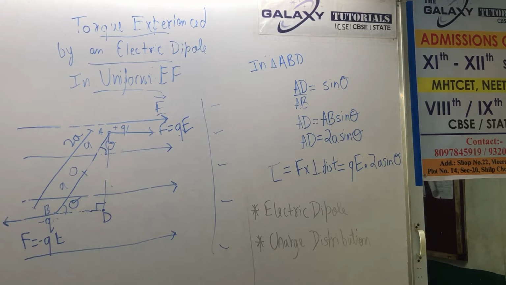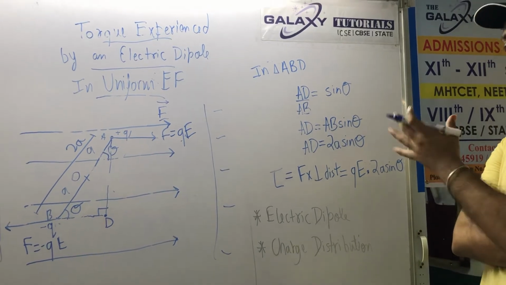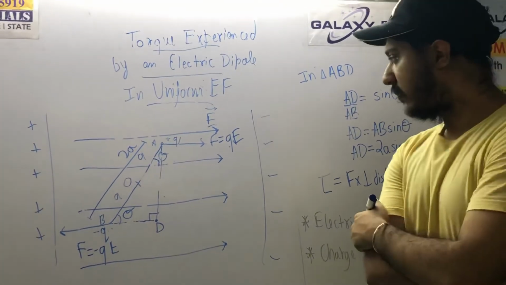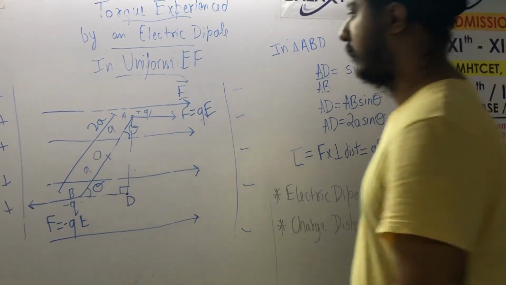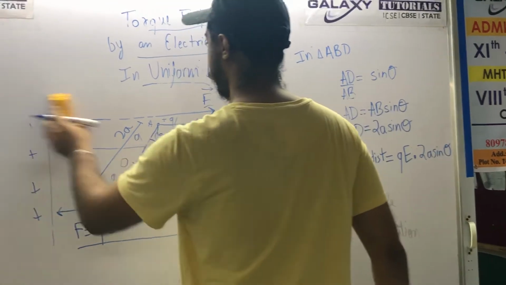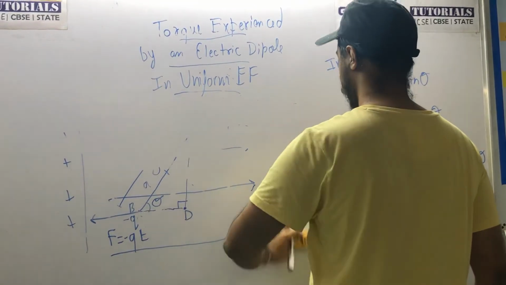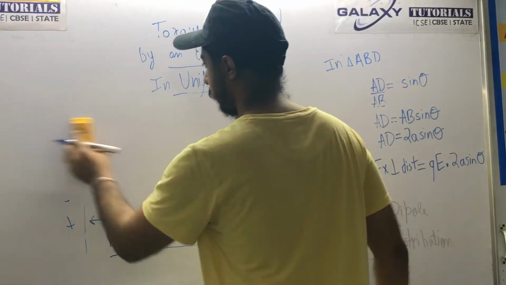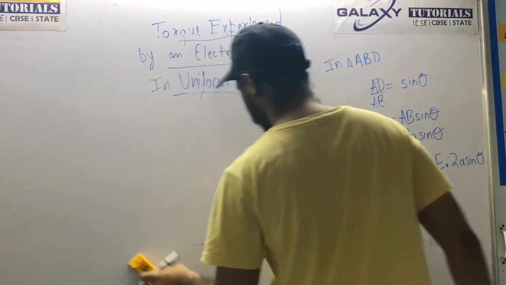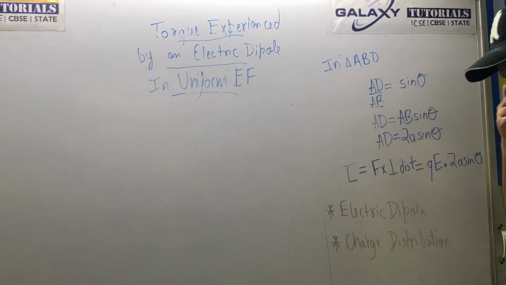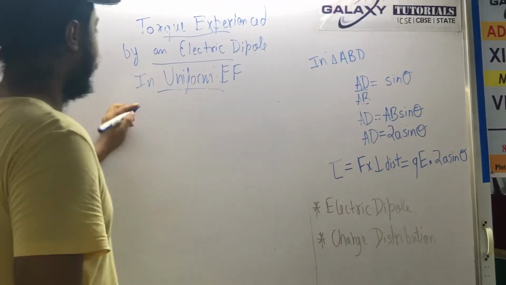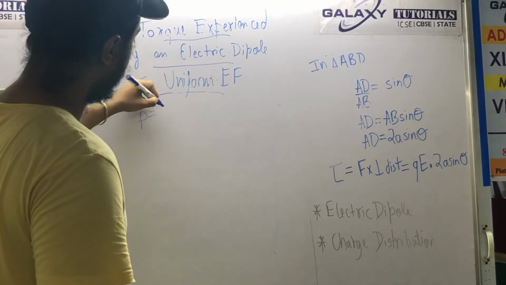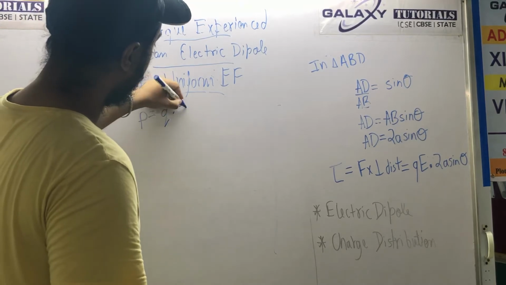Now we will try and simplify this formula a little bit more. You all know, I already told you what is dipole moment. Dipole moment is Q into 2A.